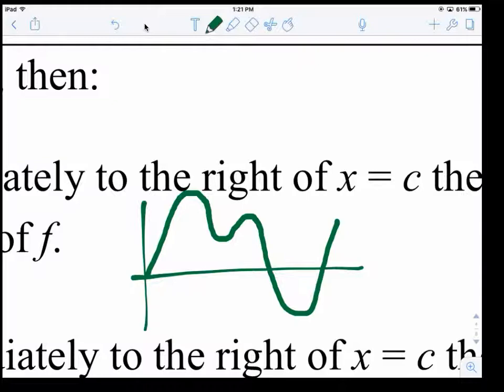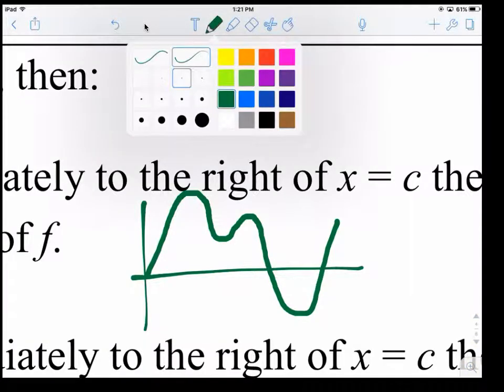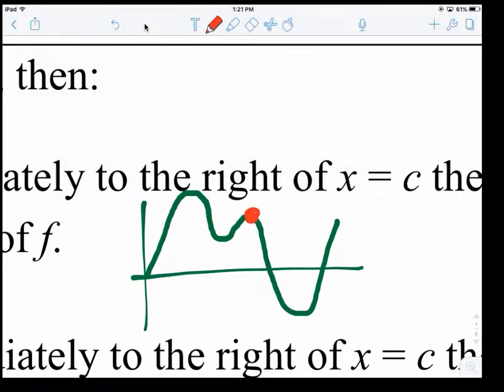Now, if I look at this point right here, that point is considered a local or relative max, because if you look immediately to the left and immediately to the right of it, that's the highest point on that small little section of the graph. So this point would be considered a relative max because it's the highest point on a very small interval.